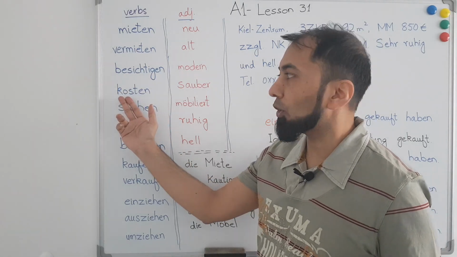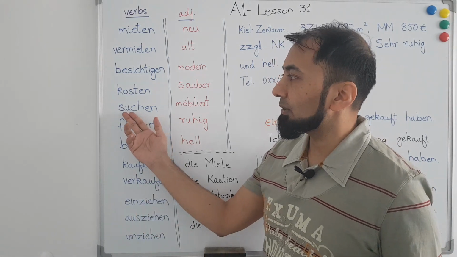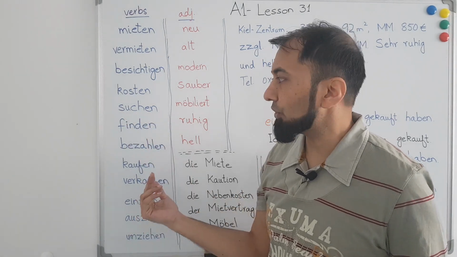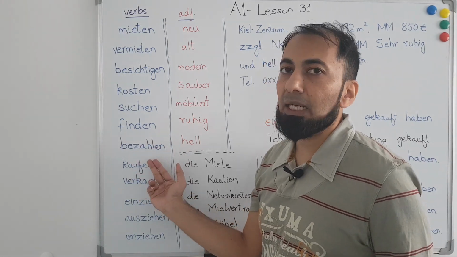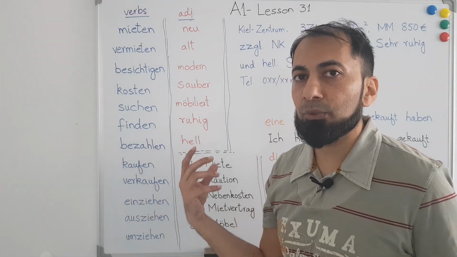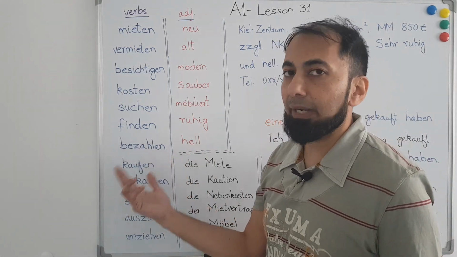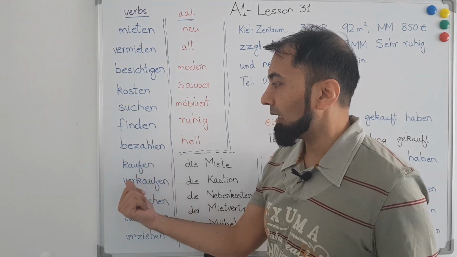Then we have the verb kosten, which means cost. Suchen, to search. Finden, to find. Bezahlen, to pay. Of course, when you find an apartment and then you have to pay the rent, therefore we have included the verb bezahlen.